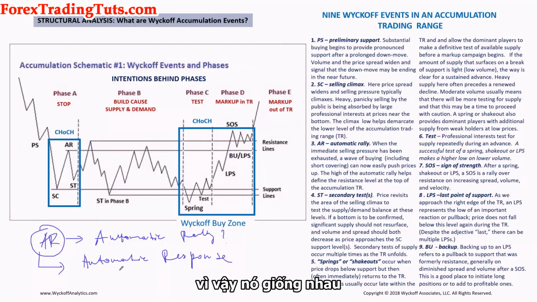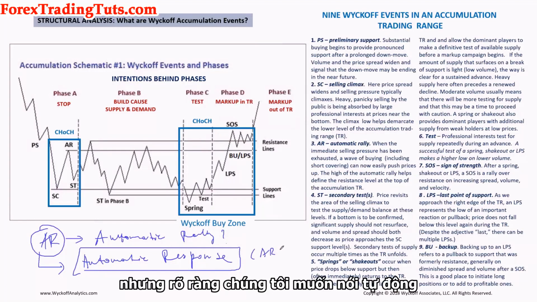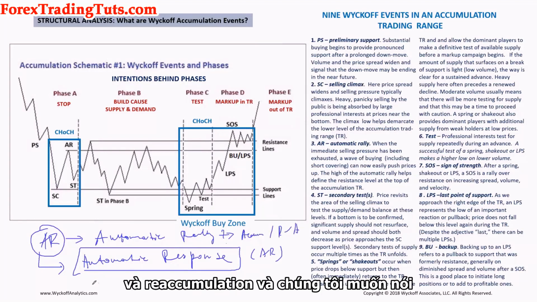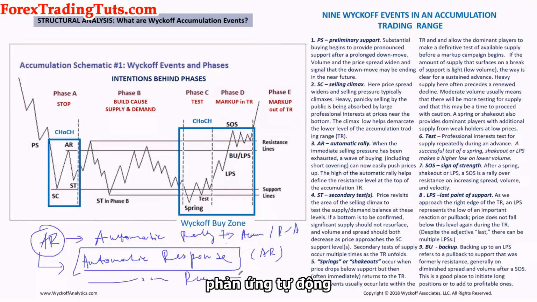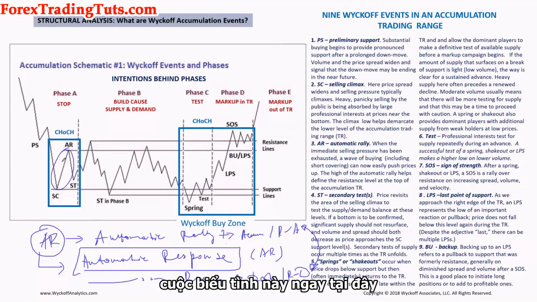So it's the same letters, AR, but obviously we want to say automatic rally for accumulation and reaccumulation, and we want to say automatic reaction for distribution and redistribution. And then obviously in the reaccumulation and redistribution, we're going to change that, and I'll talk about that. But for now, I just want you to remember that AR, this rally right here, is basically an automatic response.